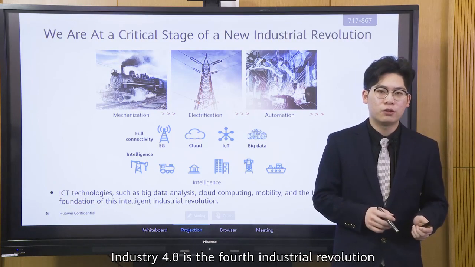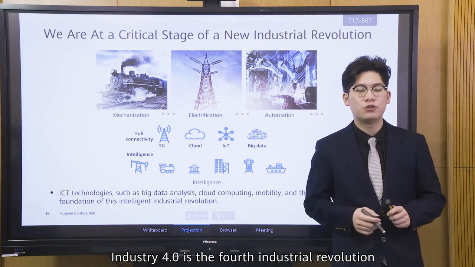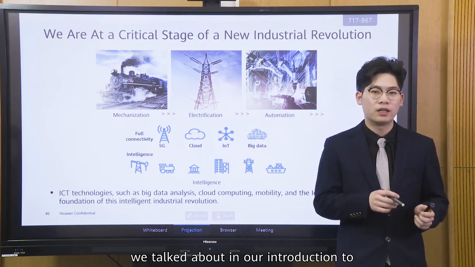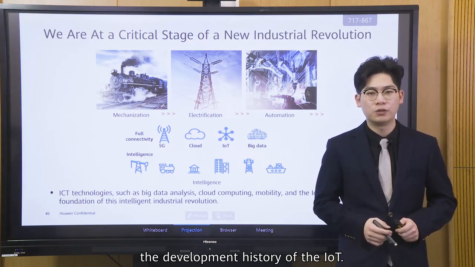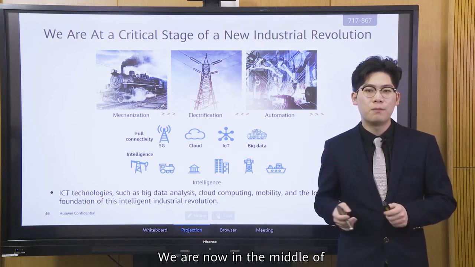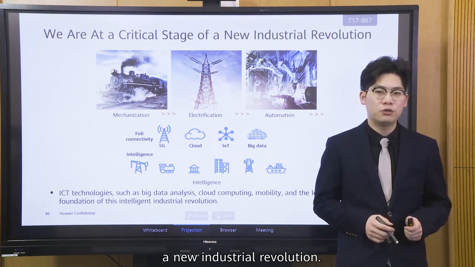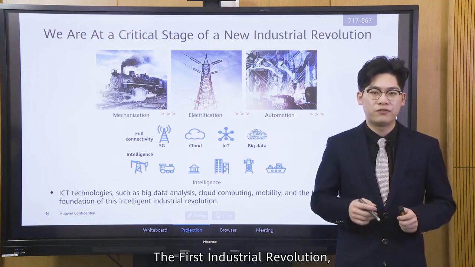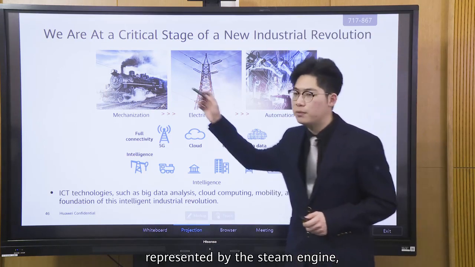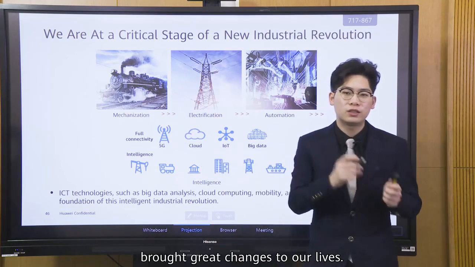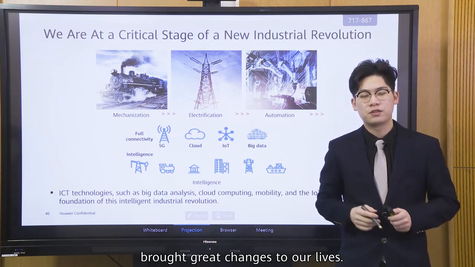Industry 4.0 is the fourth industrial revolution we talked about in our introduction to the development history of the IoT. We are now in the middle of a new industrial revolution. The first industrial revolution, represented by the steam engine, brought great change to our lives.